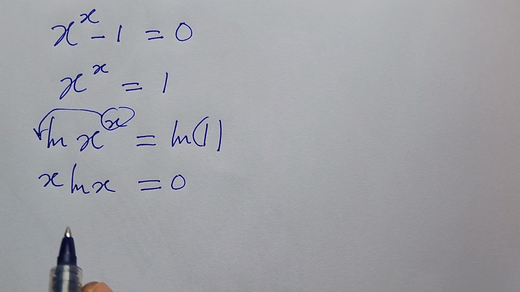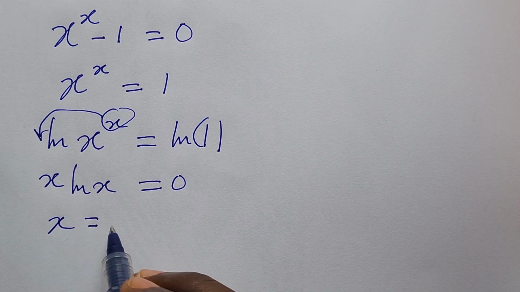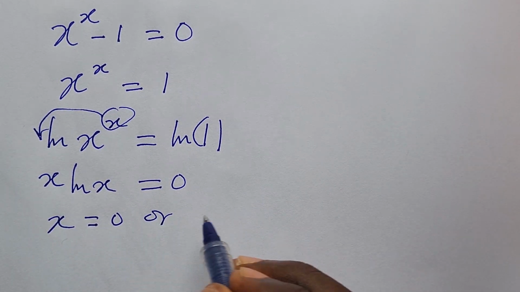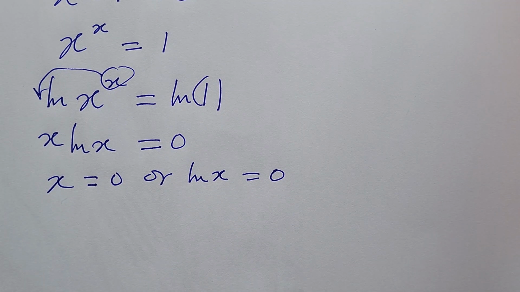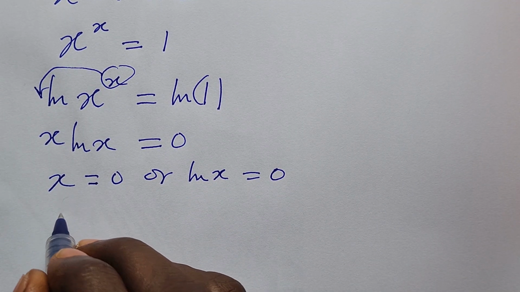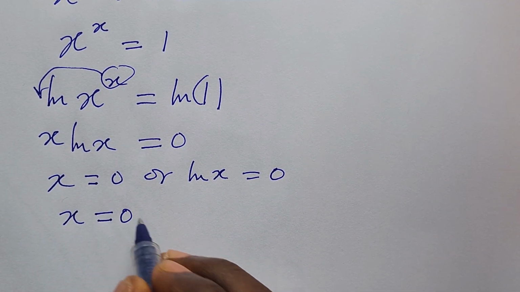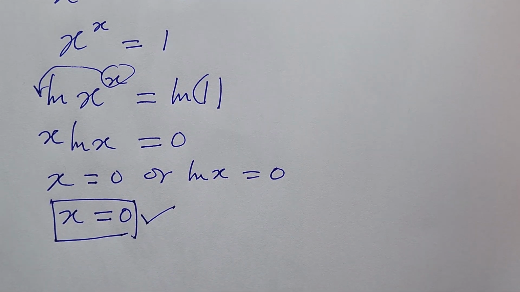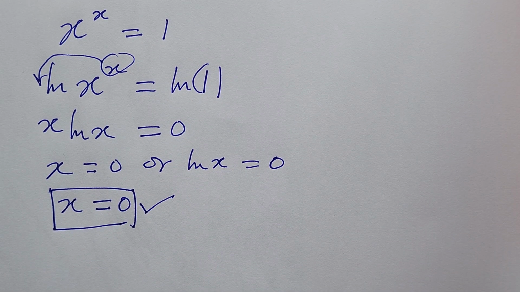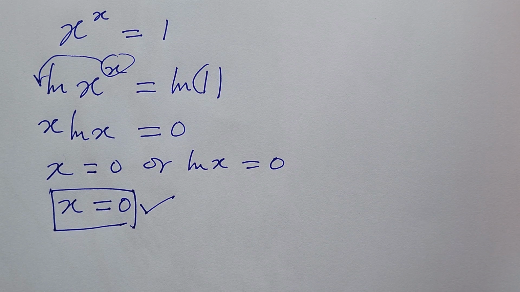Applying the zero product rule, this says that x is equal to 0, or ln of x is equal to 0. So the first answer, or the first root, is 0 from here. Now, this 0 as a result, is it extraneous?